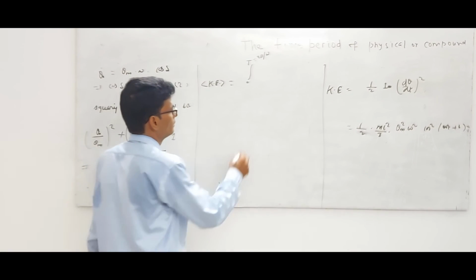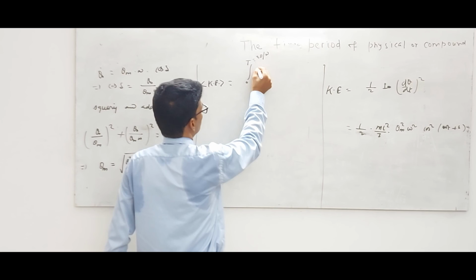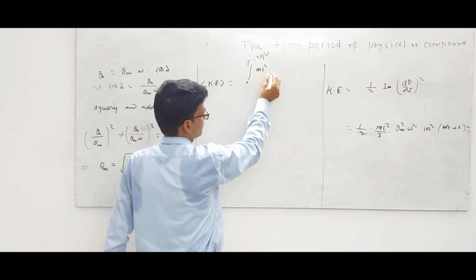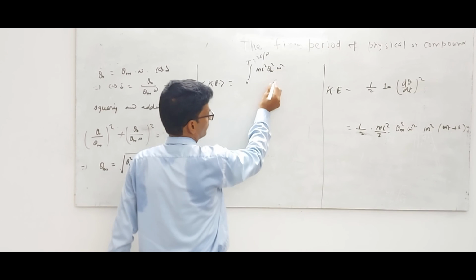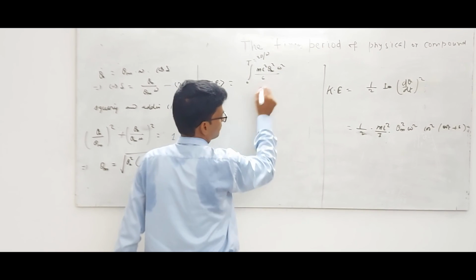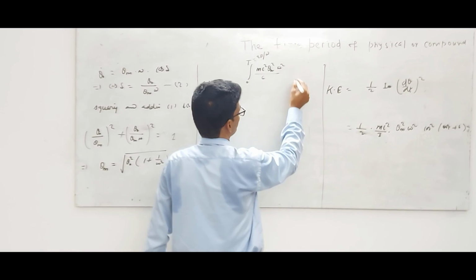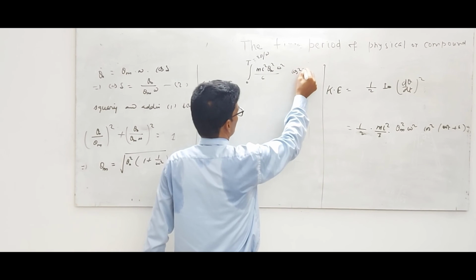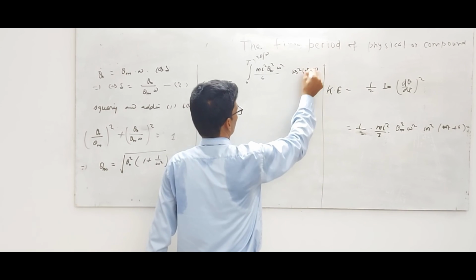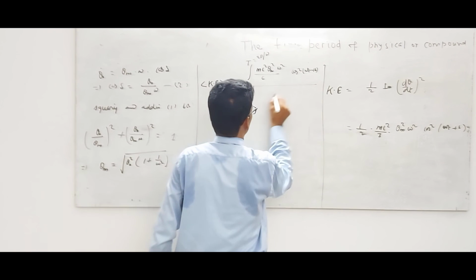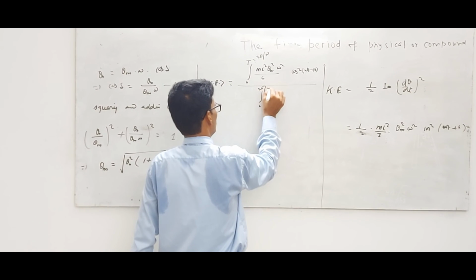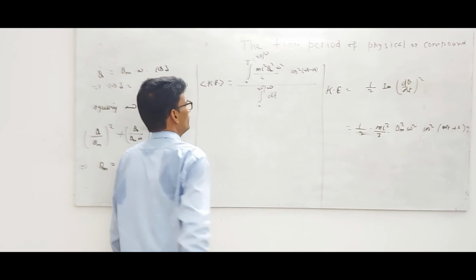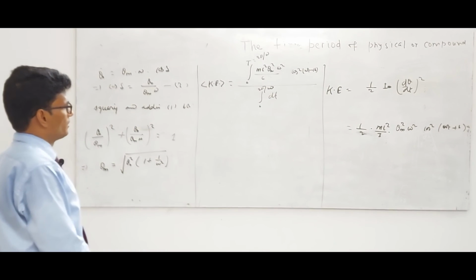So here ml square theta maximum square omega square over 6, cos square omega t plus delta dt, 0 to 2 pi over omega. Now we have to find the value of this.